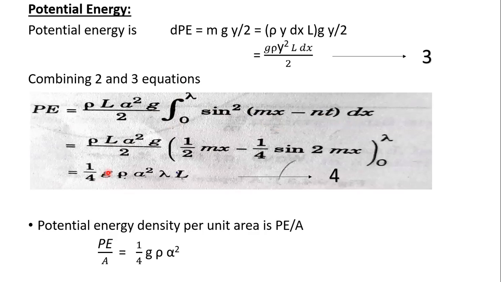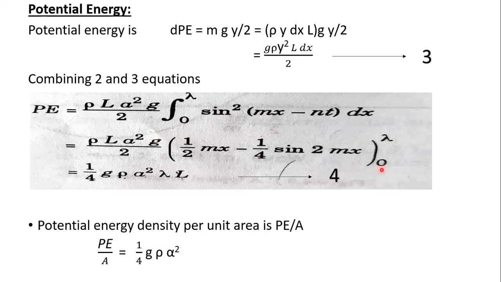Here these are constant terms and we can put them aside. If you do this integration, it is 1 by 2 mx minus 1 by 4 sine 2mx.